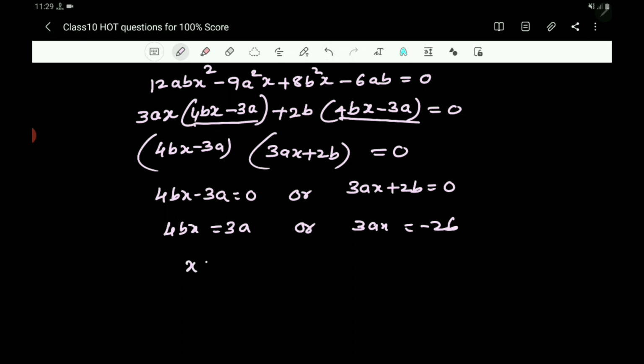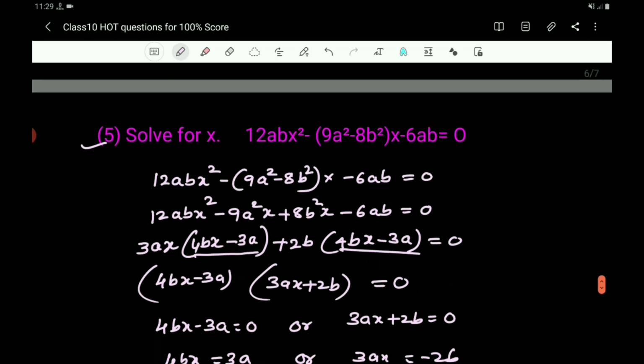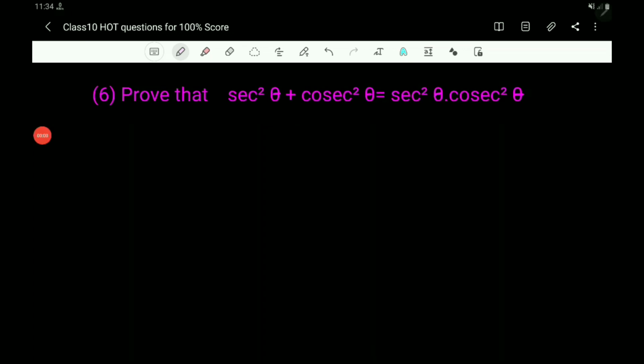So you write x equals 3a by 4b, or here x equals minus 2b by 3a. Here the values of x are 3a by 4b or minus 2b by 3a. In this way you got the solution of this 12ab x square minus of 9a square minus 8b square into x minus 6ab equals 0.